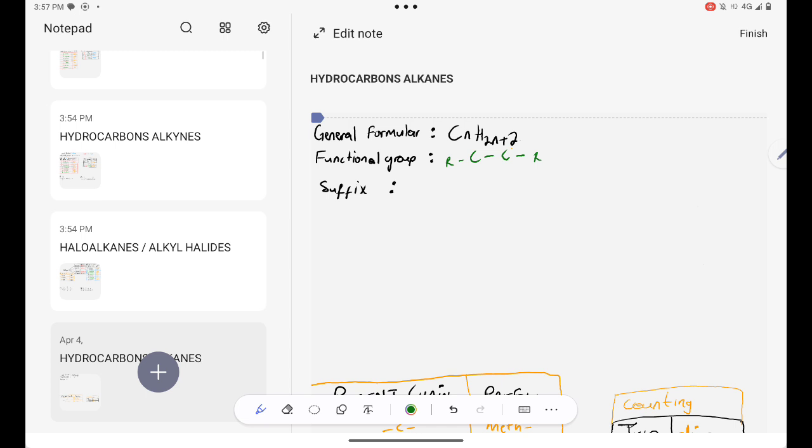And if you're ever given an IUPAC name of an organic compound, how will you know that it is an alkane? Its suffix will be ane. The suffix of that compound will be ane.